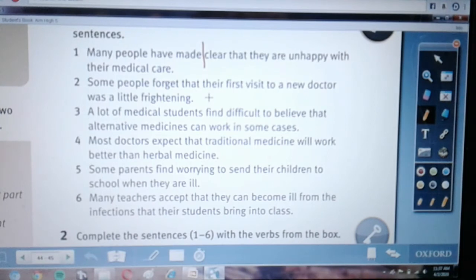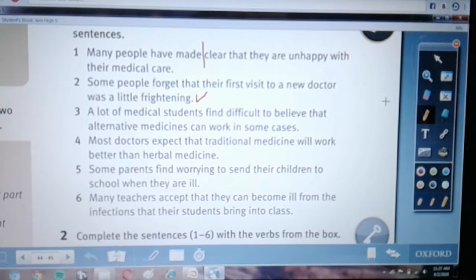What do you think, guys? Which one sounds natural and better? The first one or the second one? Yep, the first one. So you don't need to put it after the main verb forget. Alright, so let's give this a tick then.